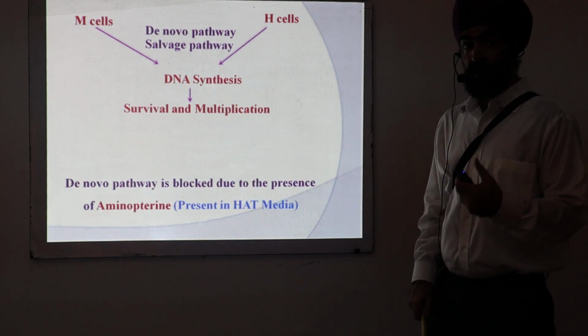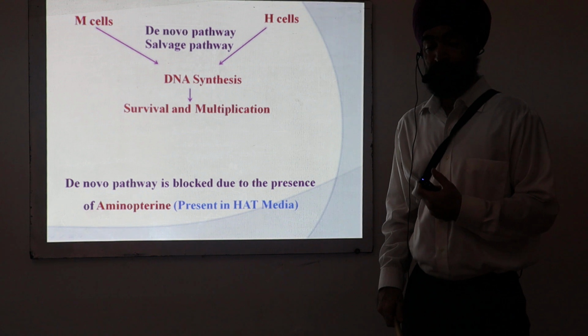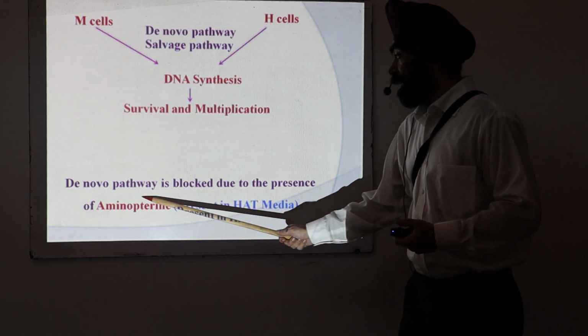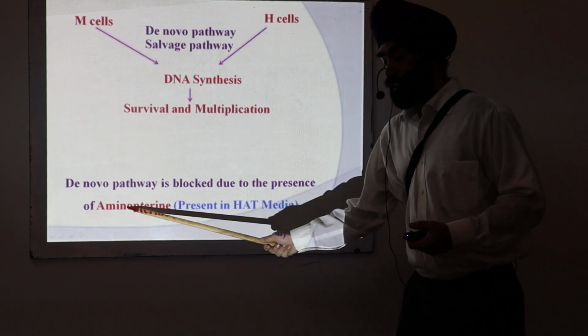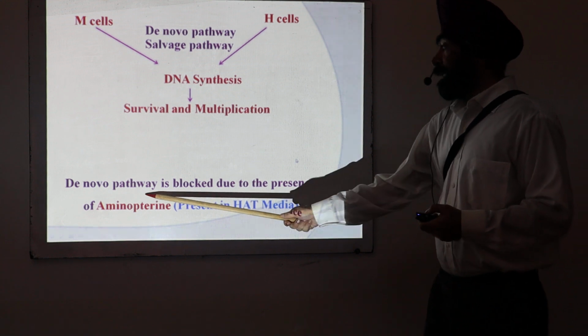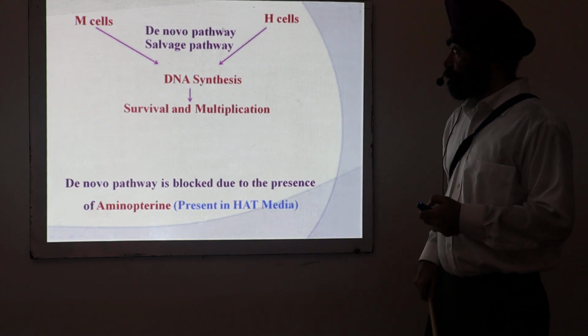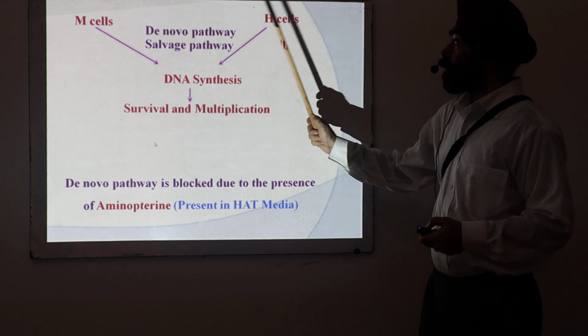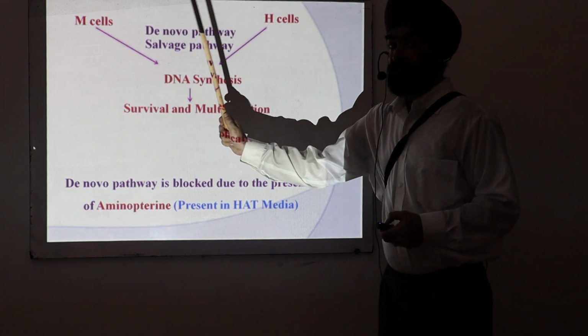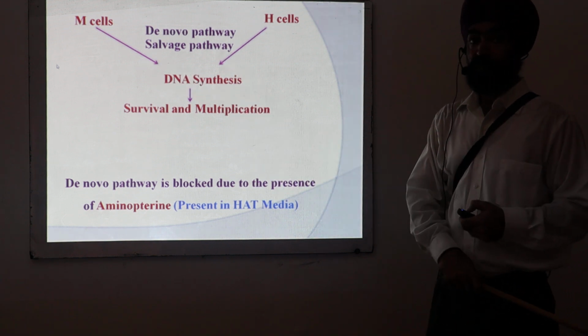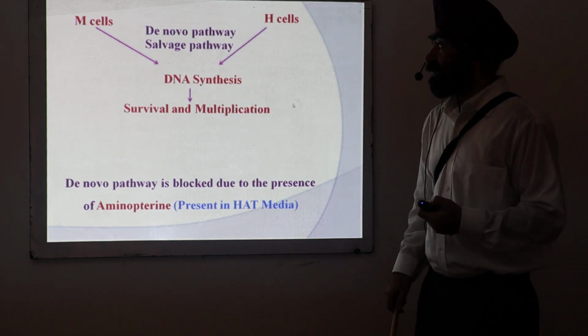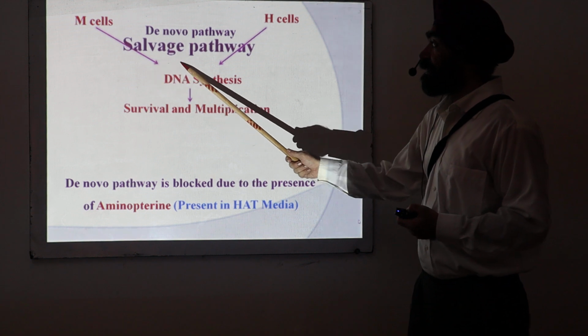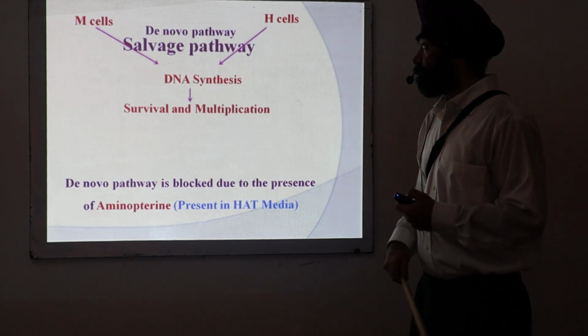But because we have used the HAT media, which has aminopterin, the de novo pathway is blocked. Neither H cells nor M cells can use the de novo pathway. What is the pathway which is left? The salvage pathway.